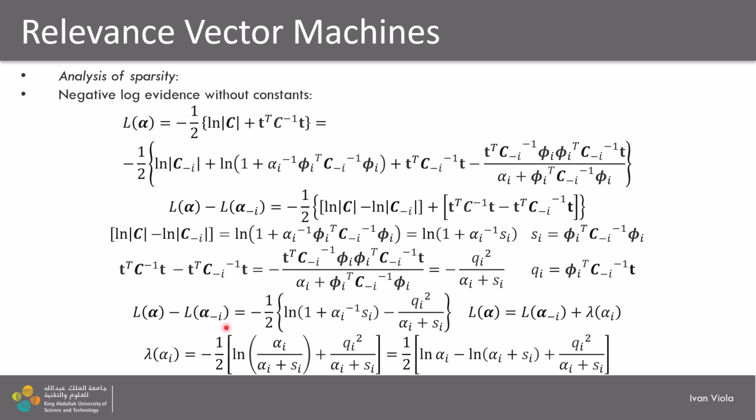So basically, it's a difference of quality between the two models, and this difference expresses what happens if we add this basis function to the model. How much will we see some improvement? We can see that that is expressed here, and we can call it now a lambda function of alpha_i, because that's the alpha_i associated basis function which we would be adding to the model, or subtracting it from the model.